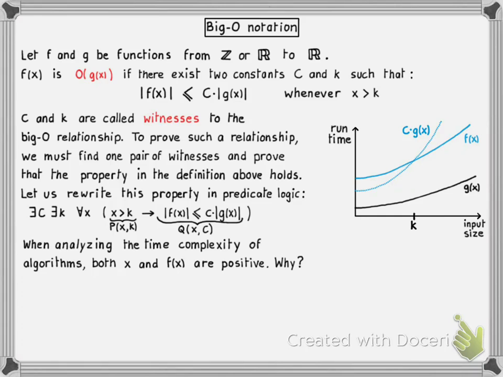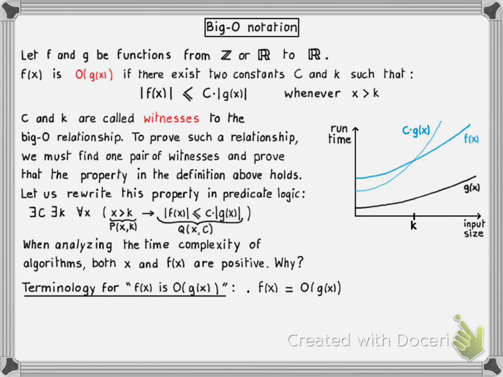So let me conclude this segment by bringing up some terminology issues. Another way to state that f of x is big O of g of x that you'll see in some textbooks or on the web is to state that f of x is equal to big O of g of x. Now that doesn't make too much sense, but that's a common notation. Another way of saying it is that f of x is a member of big O of g of x.